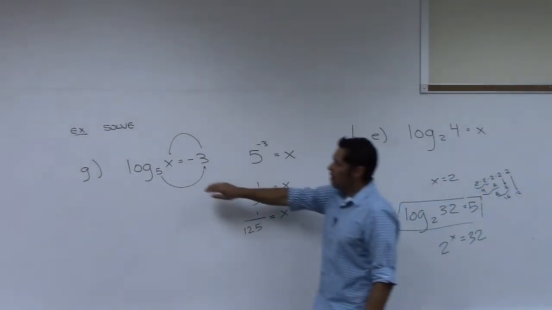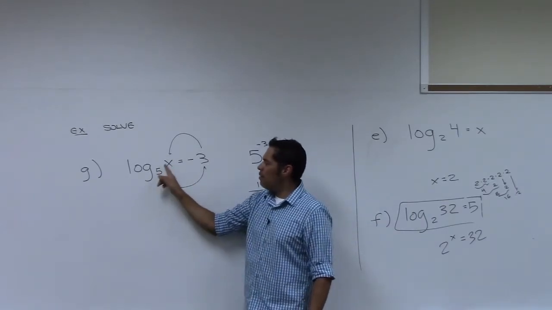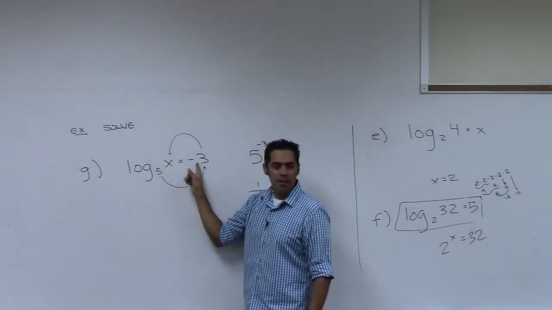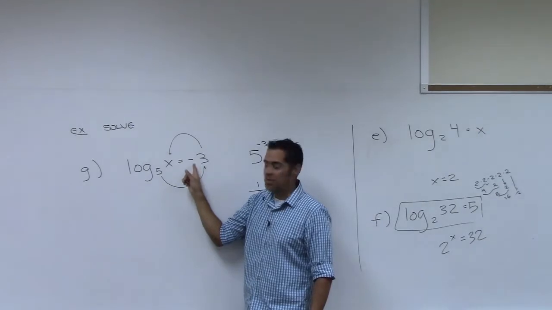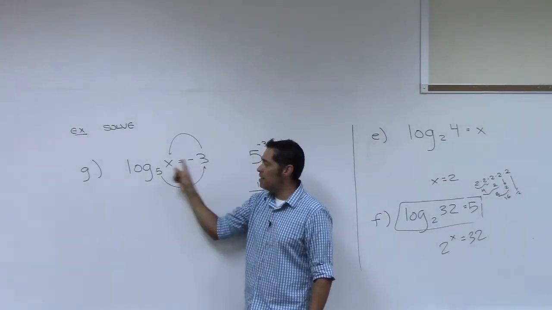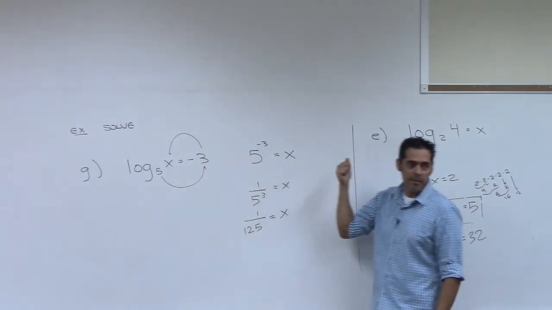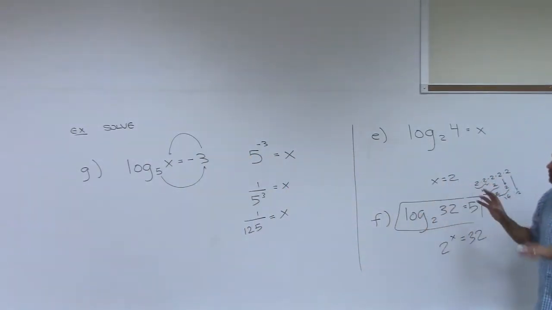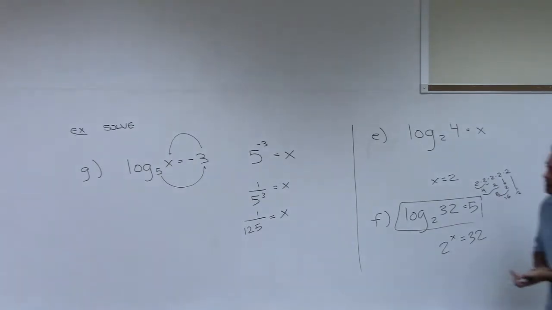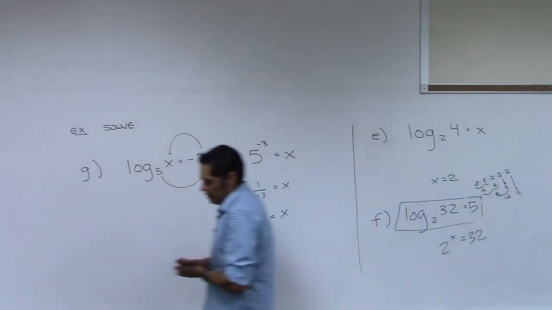Here, I'm saying 5 to what power is x? But then I'm giving you this. I'm saying that the answer is negative 3. So this is really telling you 5 to the negative 3 is x. So you use the loop to create the new equation. I know it gets confusing because there are different scenarios. But this is the nature of the beast, all right?